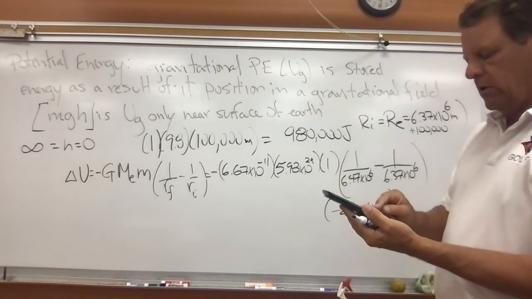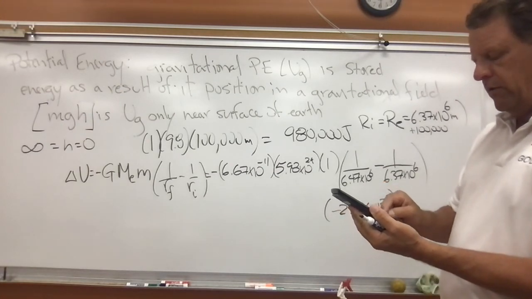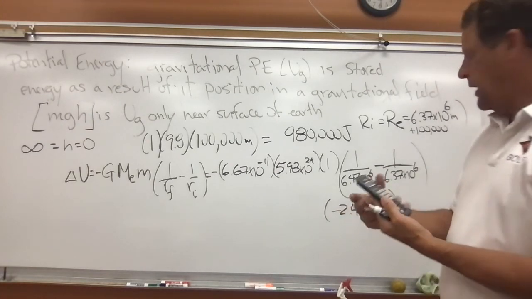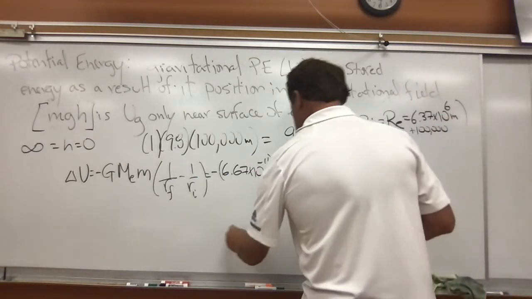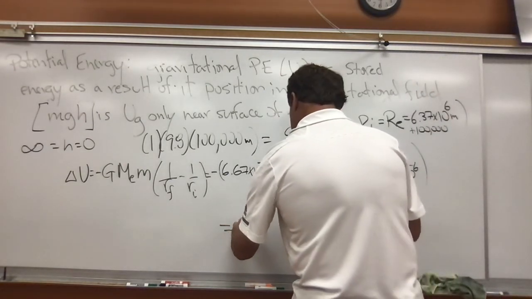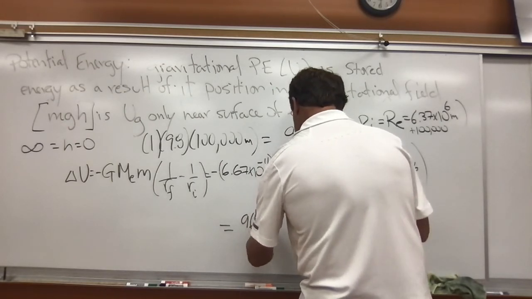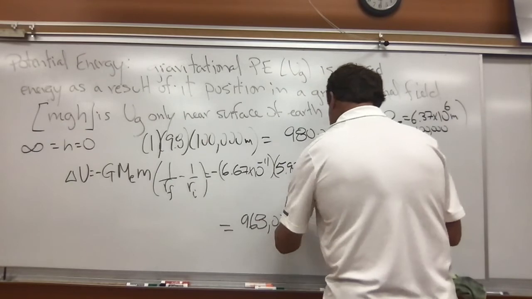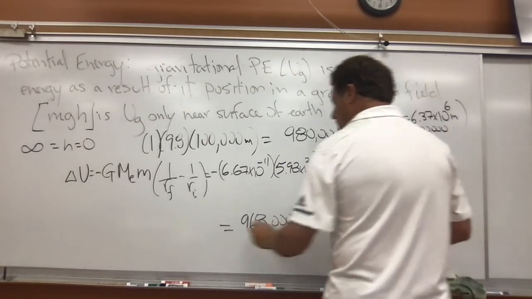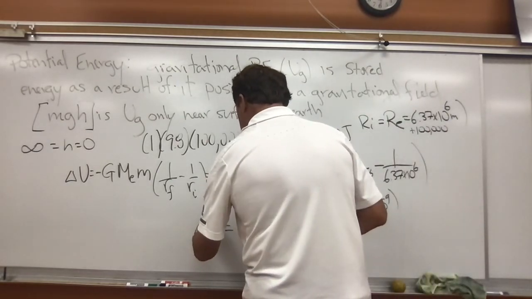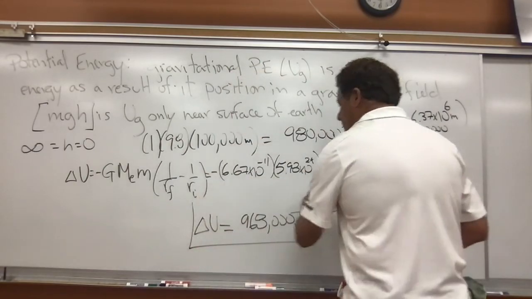So now I put in negative, and I end up with this equaling 968,000 joules, okay? So this is the change in potential energy.